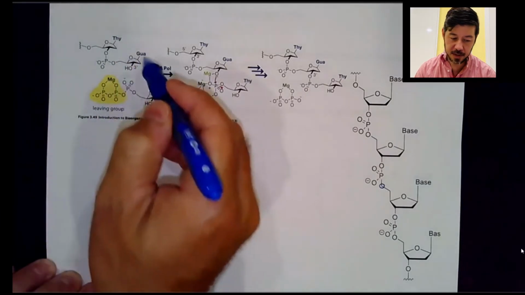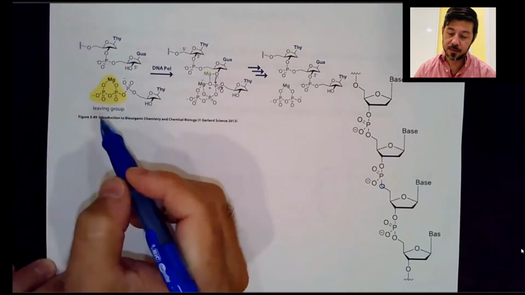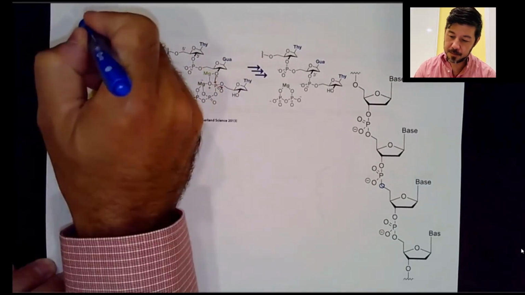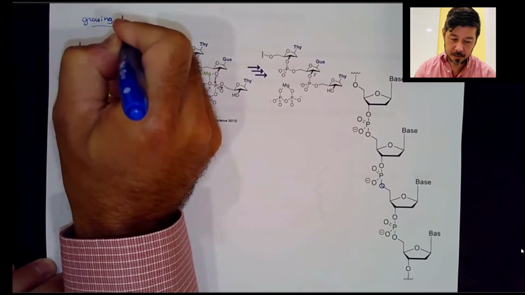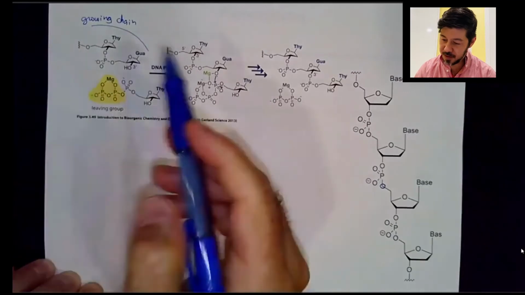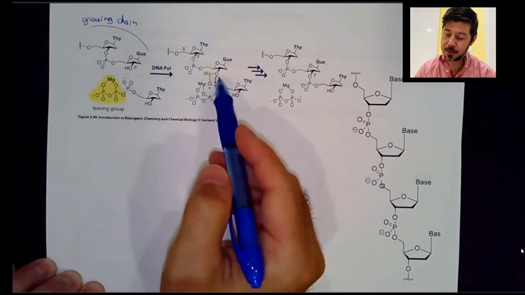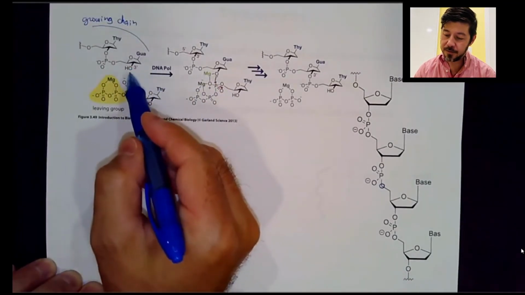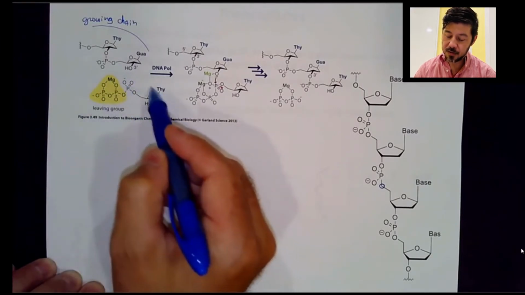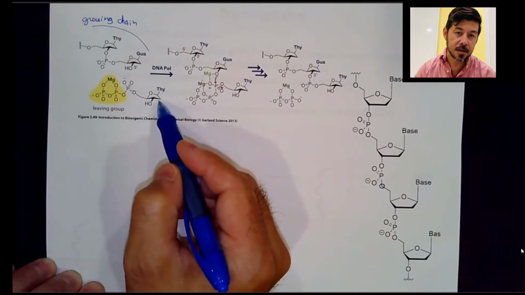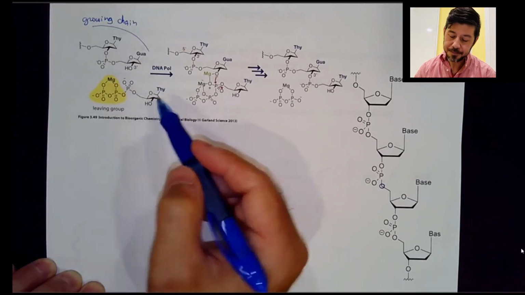And as you can imagine, this came from the growing chain or the primer. And then DNA polymerase is necessary to initiate that nucleophile to the electrophile, in which we now have a nucleotide triphosphate. In this case, it's a deoxynucleotide triphosphate.